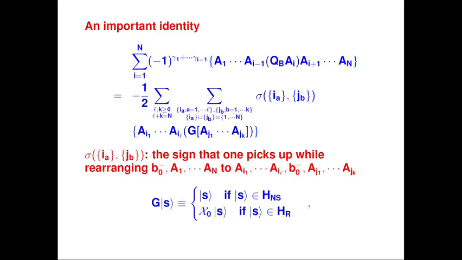When it acts on the Ramond sector state, it gives the 0 mode of the picture changing operator. This appears because of the way we impose the gluing compatibility condition. So, this is an identity that you can prove simply by using conformal field theory techniques.